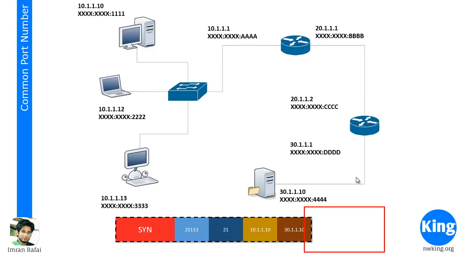Next it looks at the IP address. The minute it sees the destination IP address is 30.1.1.10, it realizes that this packet is not meant for the router, but it is going through the router, right? So it says, okay, I need to see where the 30.1.1.10 network is.